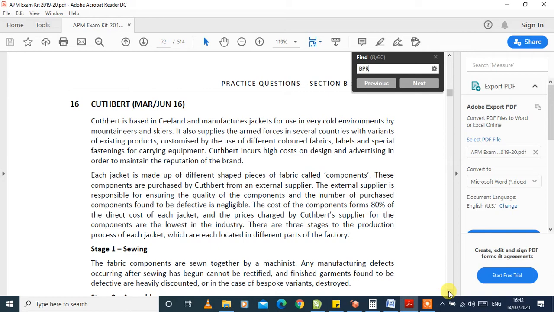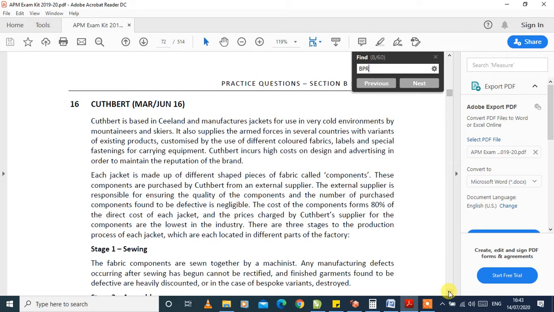Cuthbert is based in Sealand and manufactures jackets for use in very cold environments by mountaineers and skiers. It also supplies the armed forces in several countries with variants of existing products, customized by the use of different colored fabrics, labels, and special fastenings for carrying equipment. Cuthbert incurs high cost on design and advertising in order to maintain the reputation of the brand.